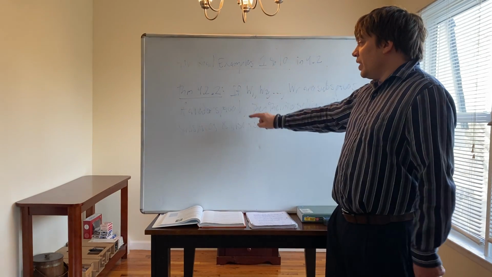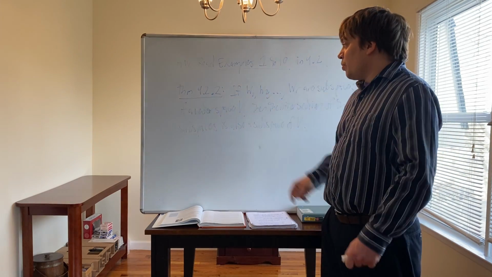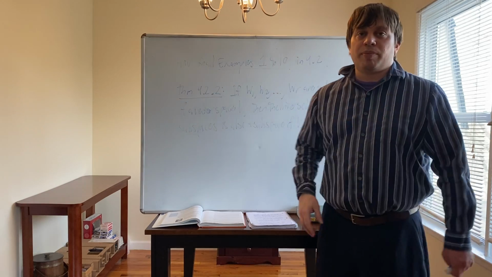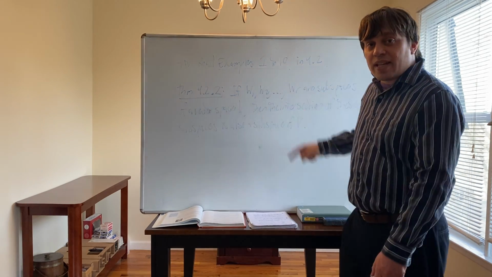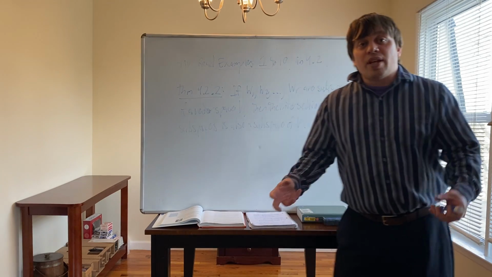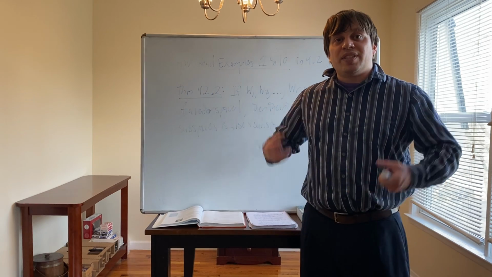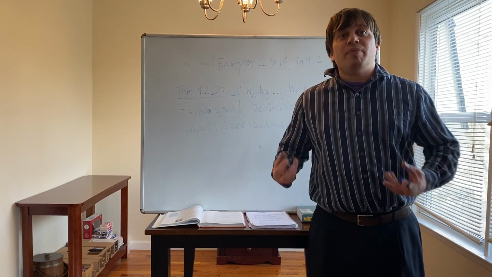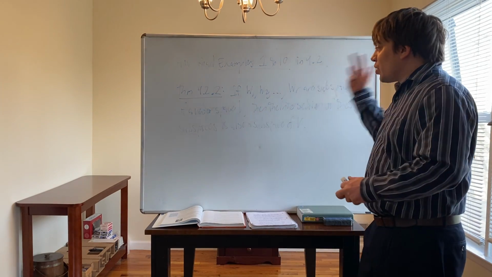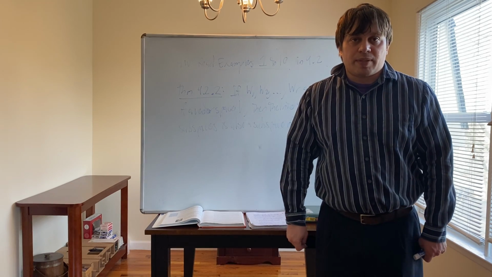Well, separately, each of those vectors are in W1, and if you add them, the result is in W1. Also, those two vectors have to be in W2, and if you add them, they're both still in W2. And so on, up to including the last one. The two vectors are also in W sub R, and if you add them, they're in WR. And so that means when you add two vectors in the intersection of R subspaces, the result is in each of the R subspaces, and so it means it's in the intersection of the R subspaces. And so addition is closed in the intersection of those R subspaces.